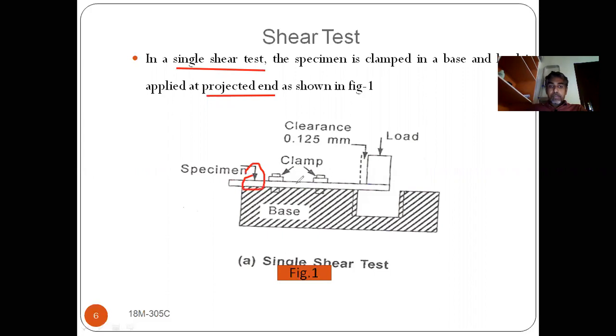It is clamped here, on the base, with two clamps, and this is the projected part. You take some clearance here. How much clearance should be given from the edge to apply the load? It is 0.125 mm. 0.125 mm clearance should be given from the edge while applying the load.